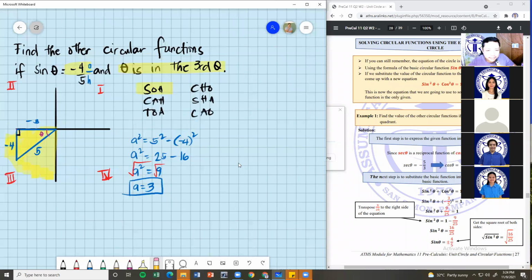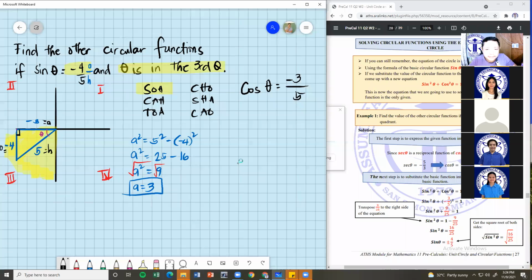Our cosine theta will be equal to cosine ka, adjacent over hypotenuse. Adjacent is -3 over hypotenuse, that is 5. So this is A, this is H, this is O.